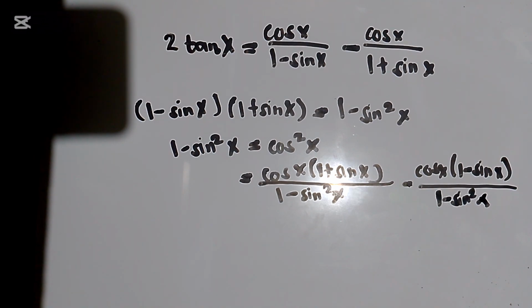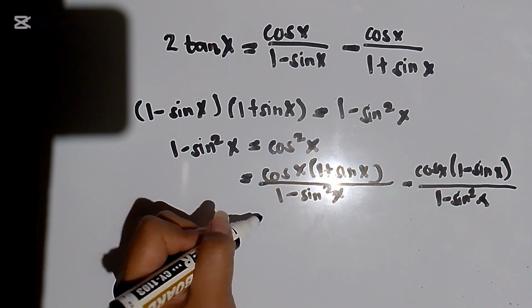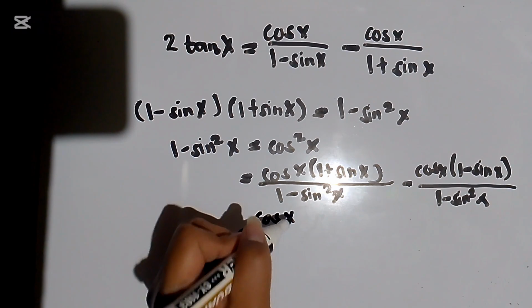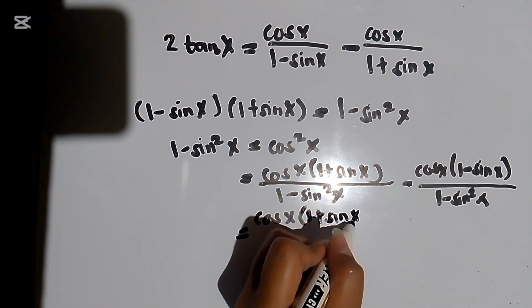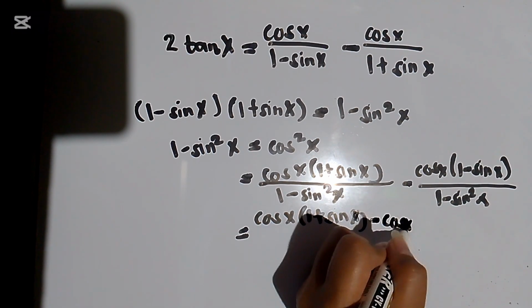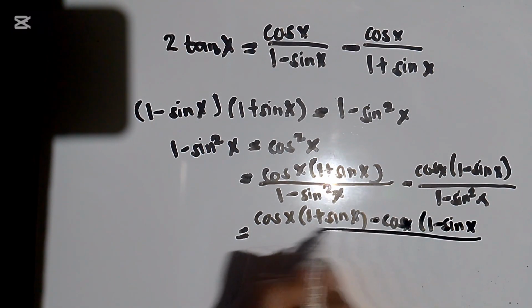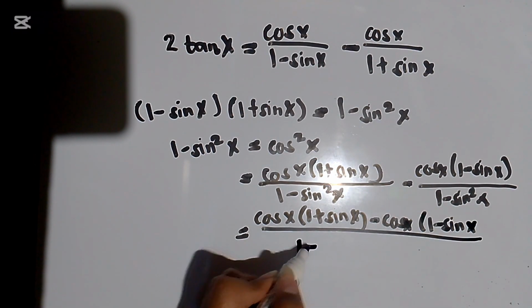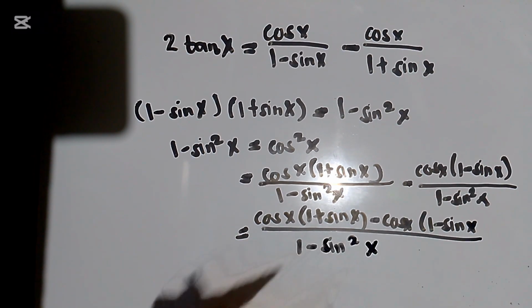Next, combine these two fractions into a single fraction. So it's going to be equal to cos x (1 + sin x) minus cos x (1 - sin x) over (1 - sin squared x).